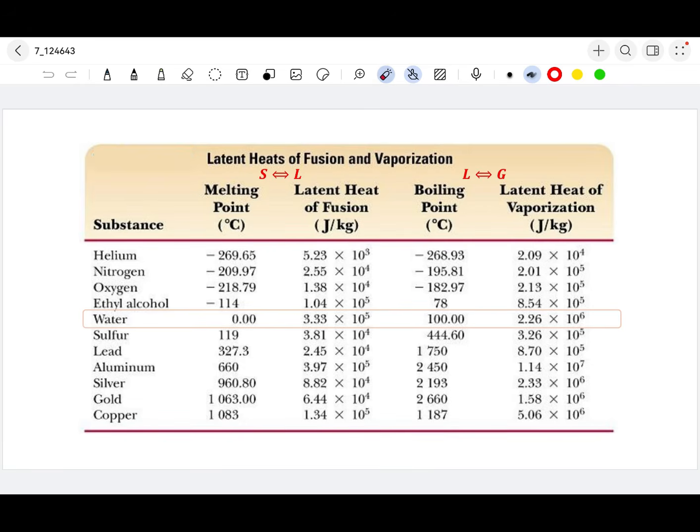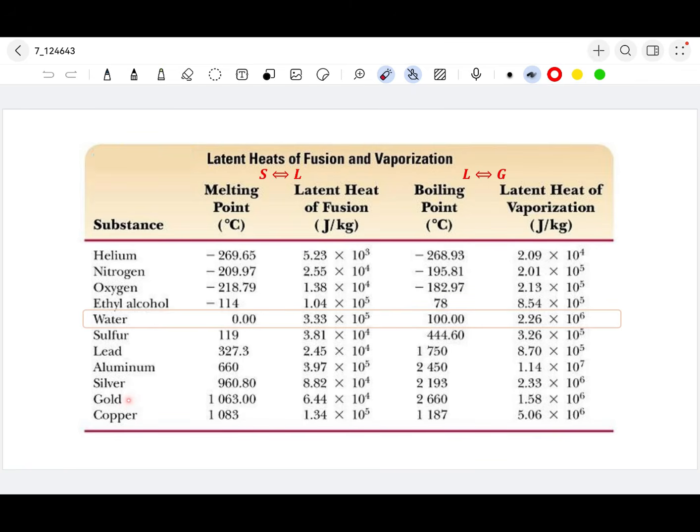Let's understand. First we start with what is melting point. Melting point means the temperature where a solid converts into liquid at a fixed temperature. For example, water at 0 degrees Celsius starts melting and the ice becomes water, solid becomes liquid. That is the melting point.